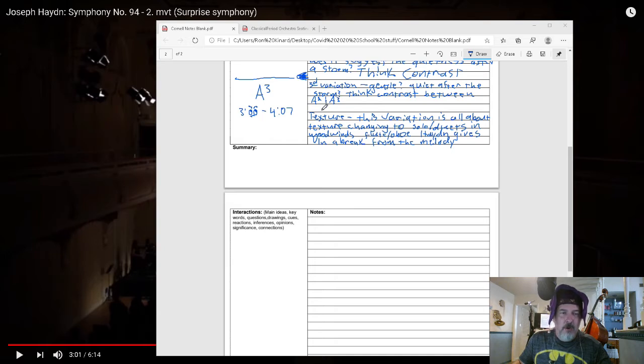This variation is all about the texture. So what Haydn does in this section is he moves the melody away from the violins. He's given the first violins a break from melody, and your melodic texture becomes a focus or a feature of solo and duets in the woodwind players. So specifically the flutes and the oboe.